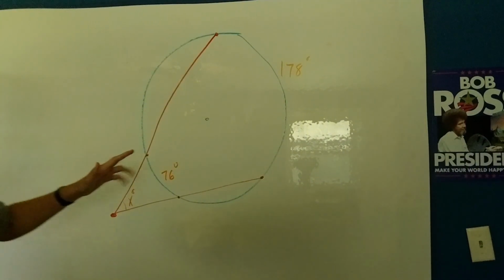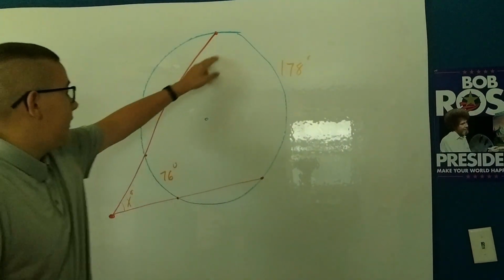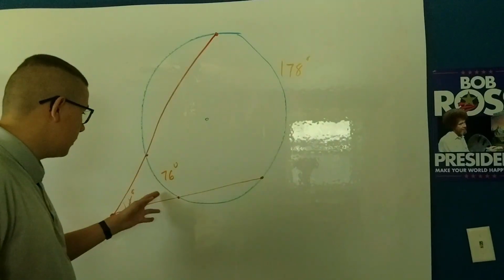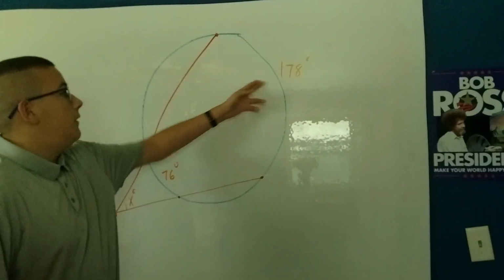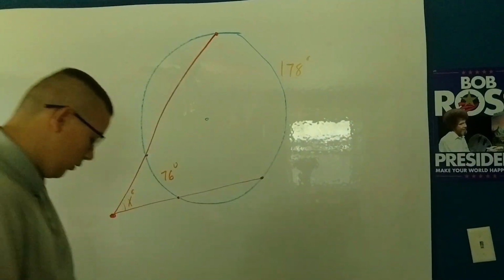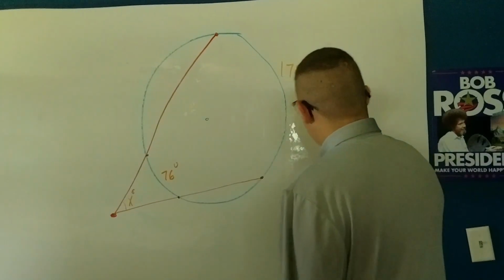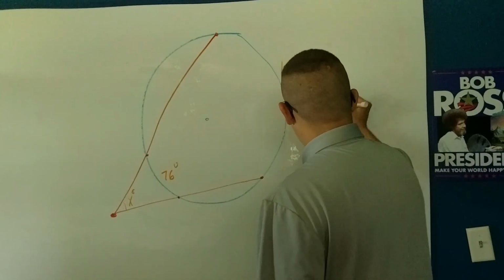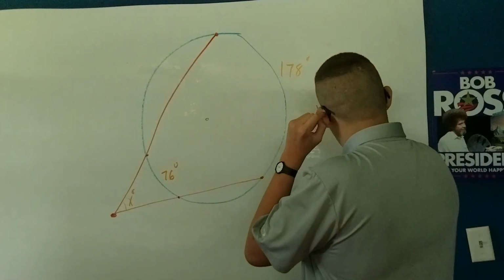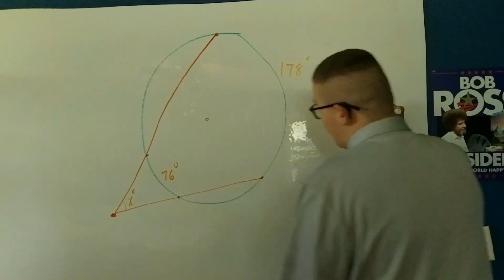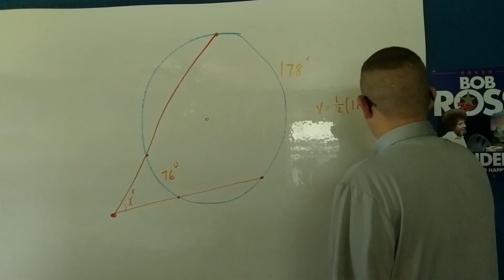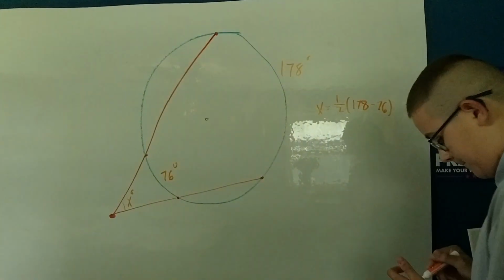Well, first we have to identify our 2 arcs. We have this arc and this arc inside of our red lines. And this is our larger arc. So what we do is X equals half of our larger arc, 178, minus our smaller arc, 76, like that.